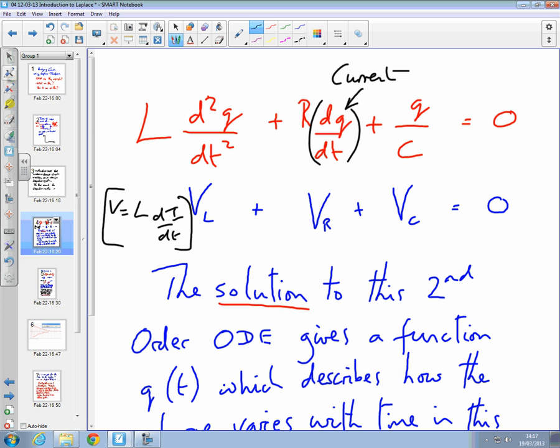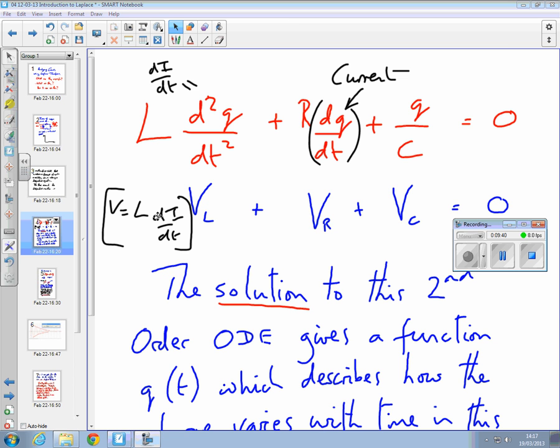This is equivalent to di by dt. Because I equals dq by dt, then di by dt equals the second differential of the charge with respect to time. So this is the voltage across the inductor, this part here.